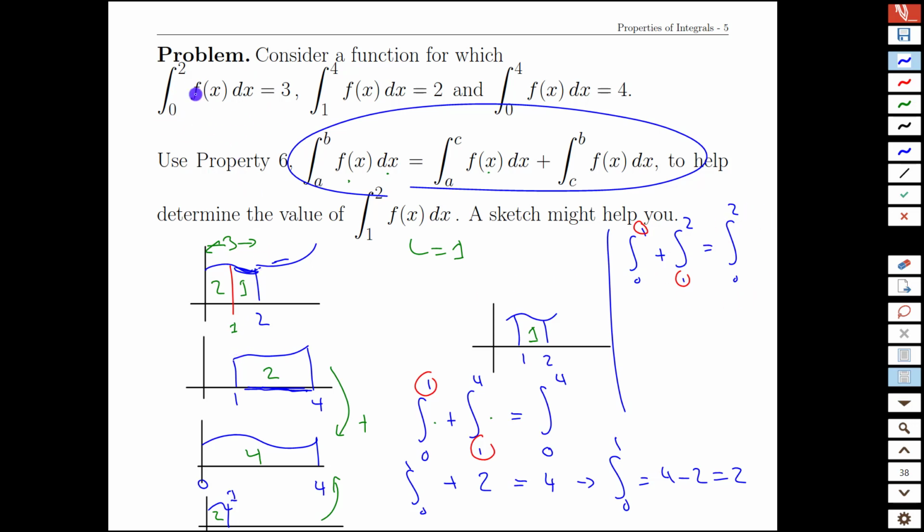We were told the 0 to 2 integral was 3. We found the integral from 0 to 1 was 2. And then there's our missing interval there. So our integral from 1 to 2 of f of x dx is 3 minus 2, or 1. So we can get this solution in an alternative way as well.